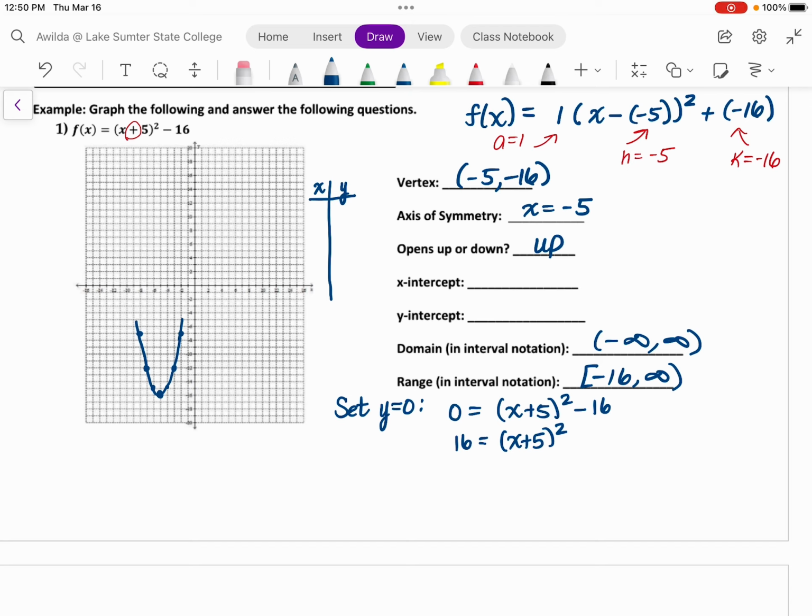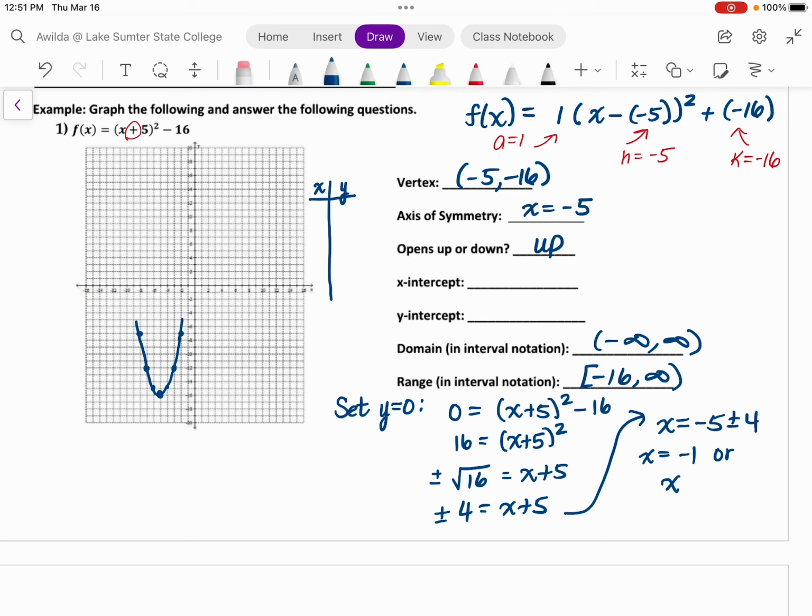Using the square root property, I get that the positive or negative square root of 16 is equal to x plus 5, which means that we have plus or minus 4 is equal to x plus 5. And let's continue here to the right. If I subtract 5 from both sides, I get that x is equal to -5 plus or minus 4. X is either equal to -1 or x is going to be equal to -9.